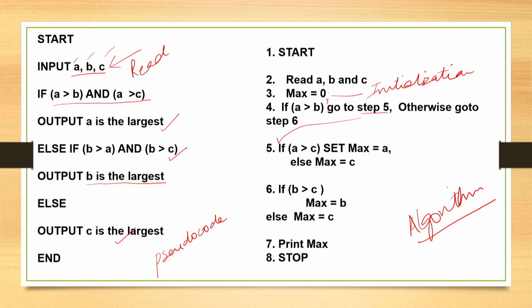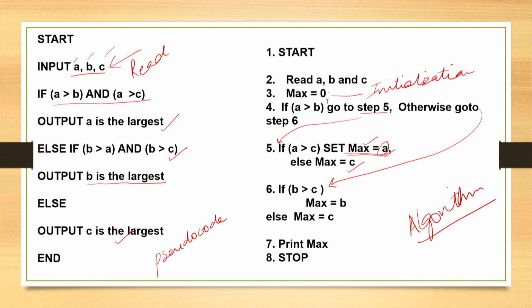To step 5, otherwise go to step 6. So, this is specified over here. If A is greater than B, go to step 5, which says if A is greater than C, then set max equals A. Set max equals A means what? Assign the value A to max. Now, in max instead of 0 you have what? The A, otherwise C will be assigned to max.